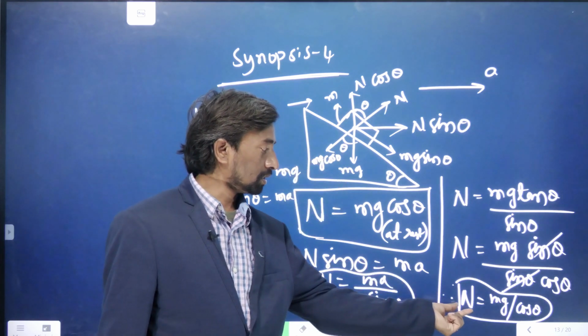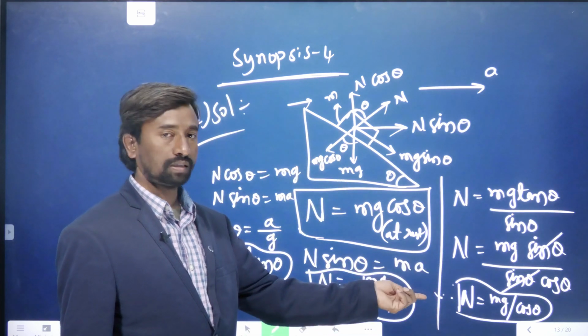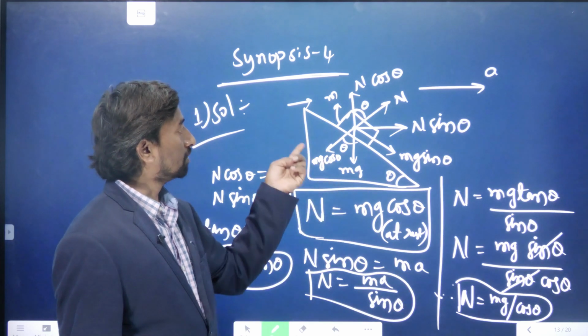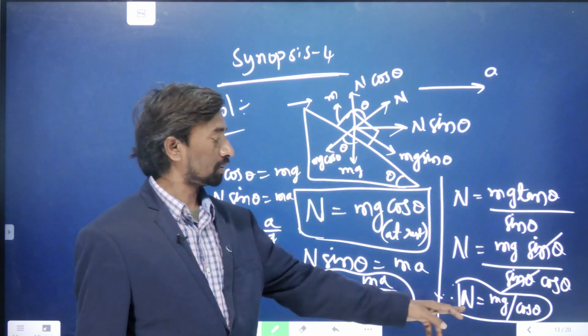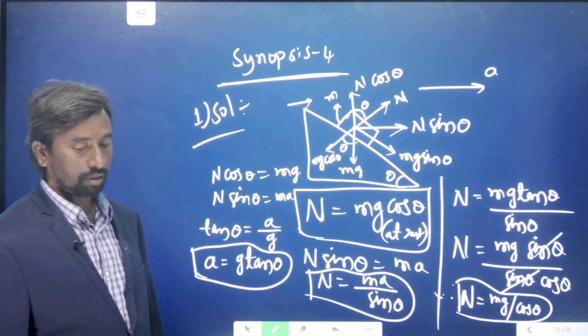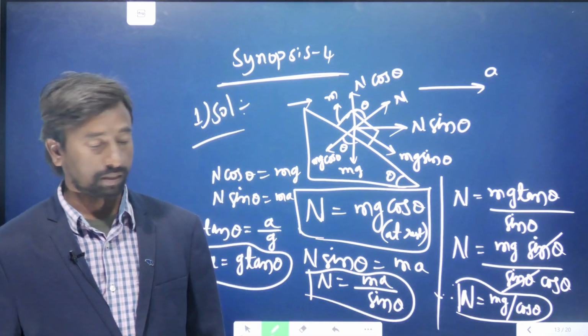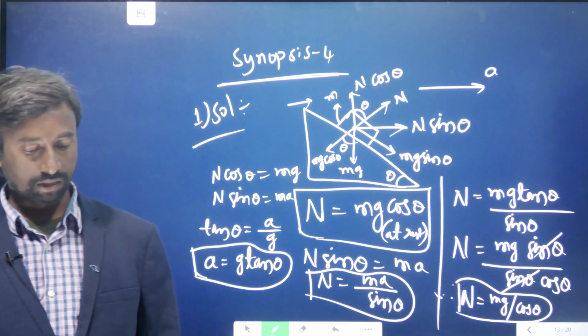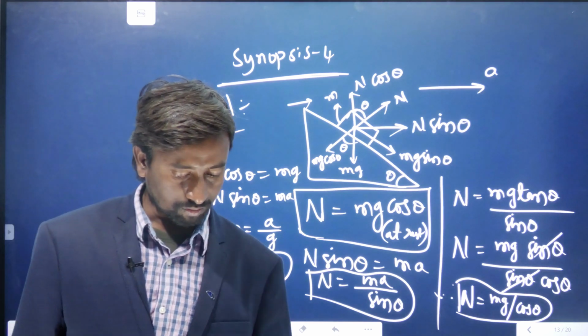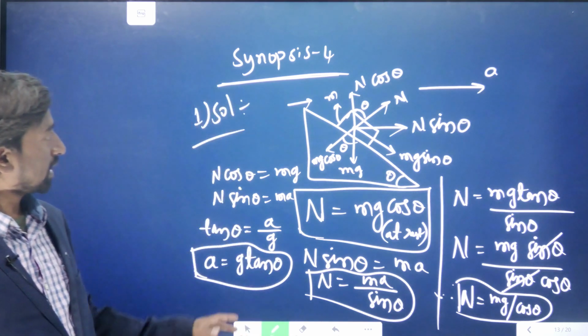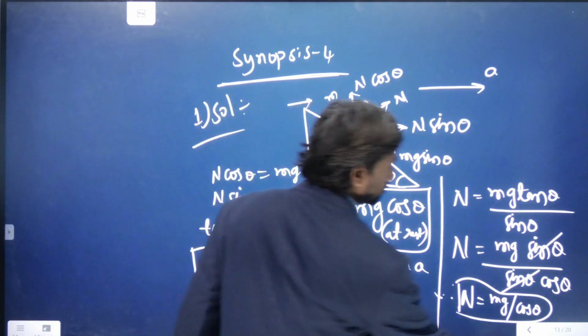Then the normal reaction has to be active. Normal reaction is nothing but the force the wedge exerts on the block. So for the first one we get the answer as mg divided by cos theta. Okay.